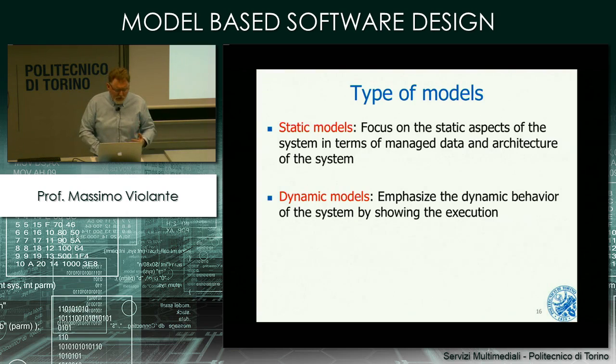And while you do this modeling, you can make simulations. So you can analyze how the output of the system evolves over time. This is why these models are dynamic. These are models that you can simulate.